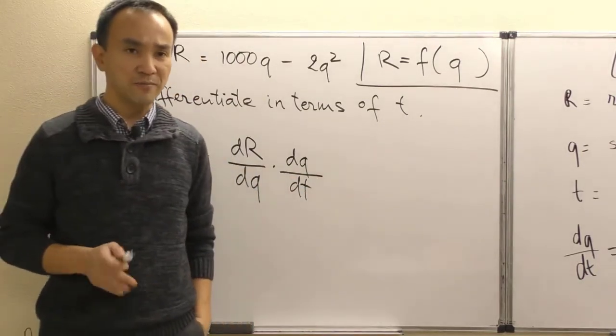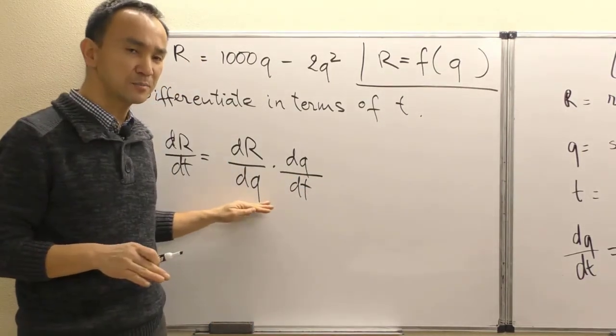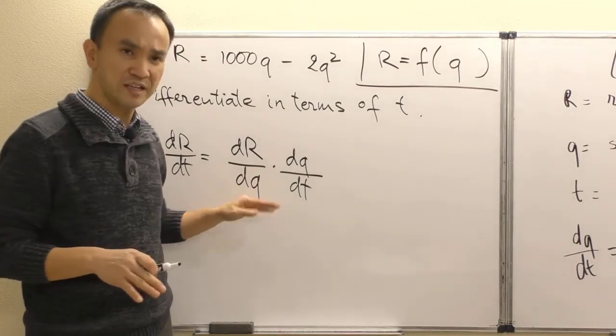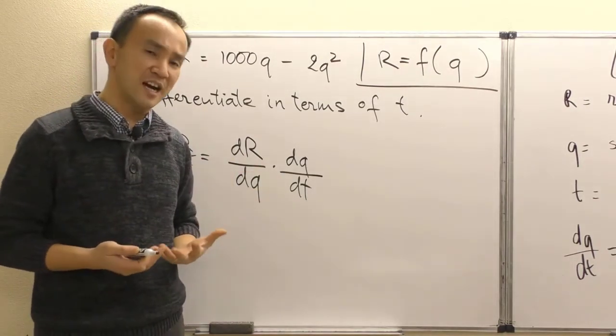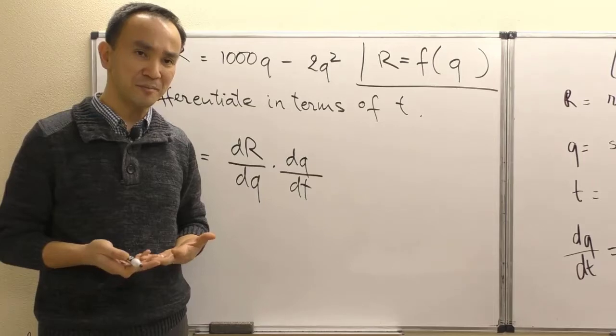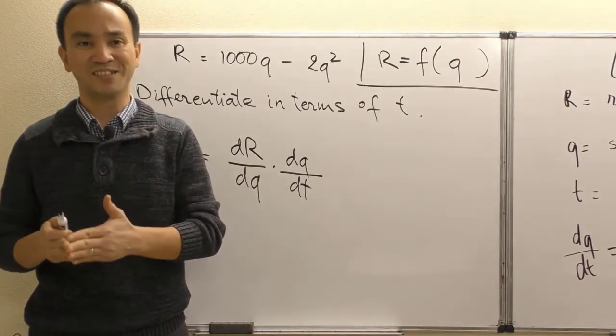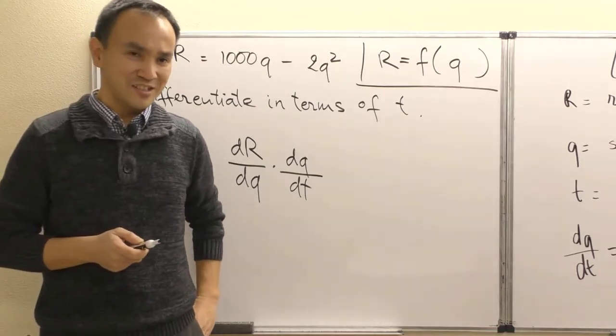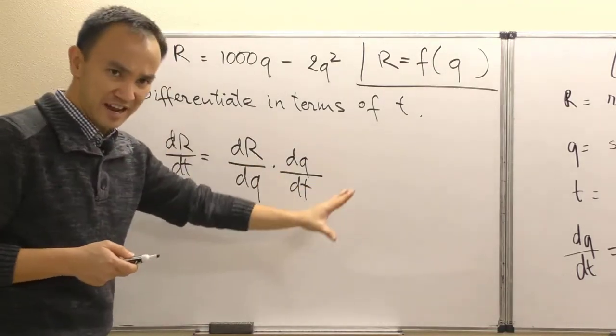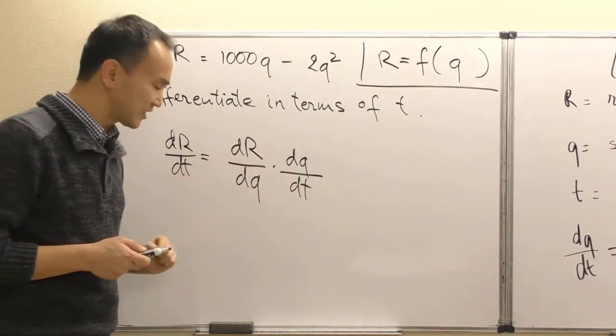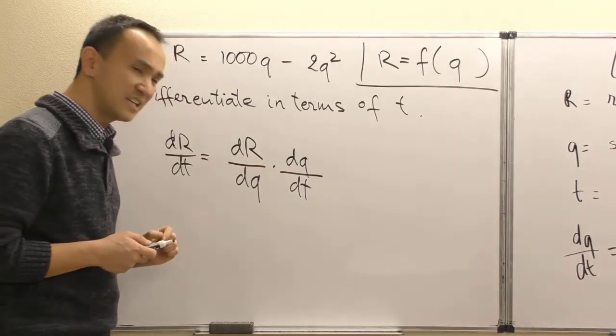If you're not sure what I'm talking about in this related rates equation, view the lecture of mine where I specifically mentioned how chain rule can be seen as related rates. Now allow me to assume that you already had that background after viewing that independent lecture of mine.